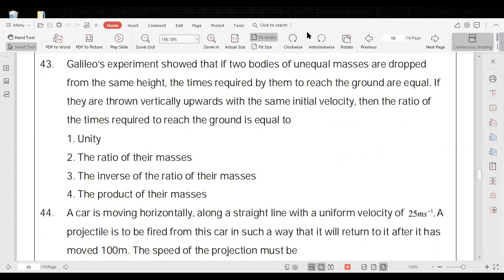Okay, 43 correct answer is unity only. Shall I explain for 43 or no need? Answer is 1.